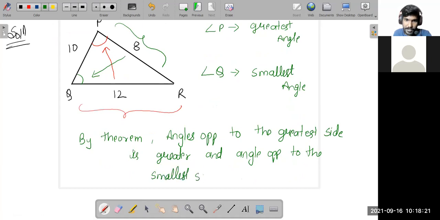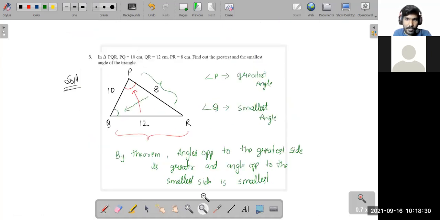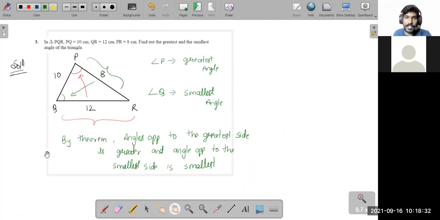Is this clear? Yes, sir. Okay, write it down. Draw the diagram also.